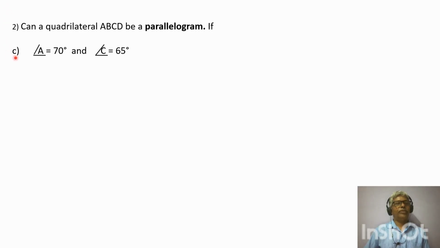And the last one, see, can a quadrilateral ABCD be a parallelogram if angle A is 70 and angle C is 65? We will check whether, with these conditions, the quadrilateral can be a parallelogram or not. Okay, just follow this for the answer.